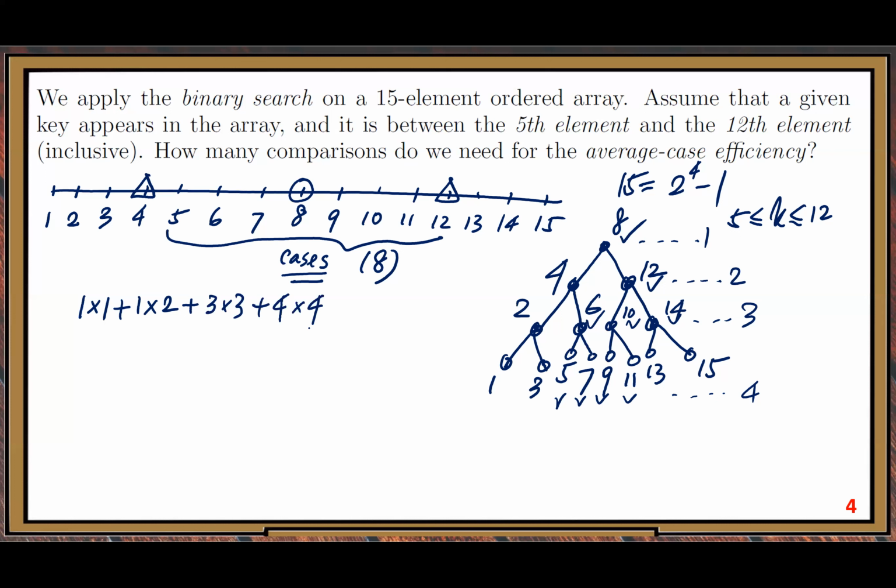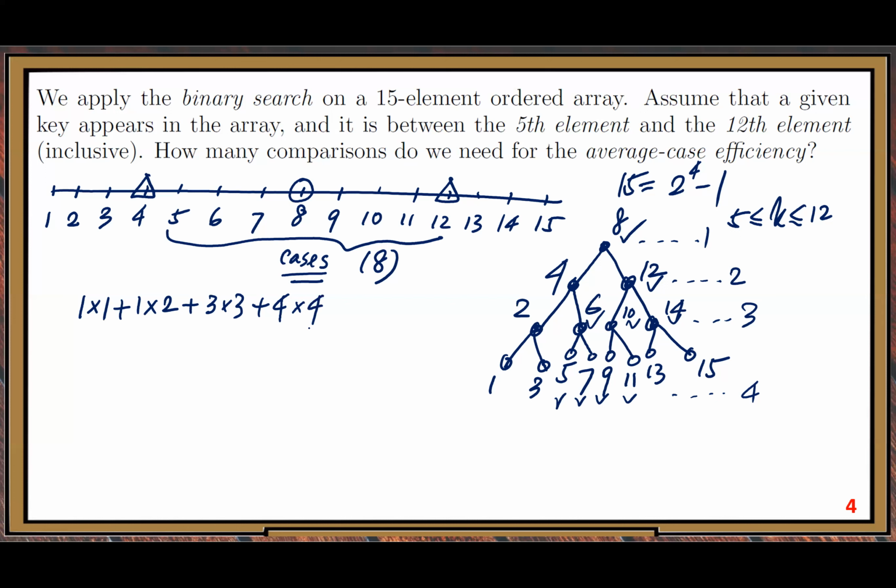Is that correct? 1, 1, 3, 4, we have 9 elements. But we count only 8 cases.